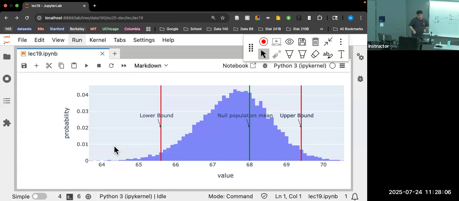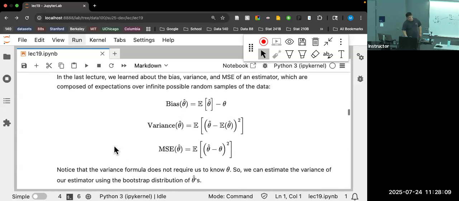So from last lecture, we saw these couple quantities of an estimator. So here, we're using the sample mean to estimate the population mean. So right here, this theta hat, the estimator, is x bar, the sample mean, and theta is mu, the true population average.